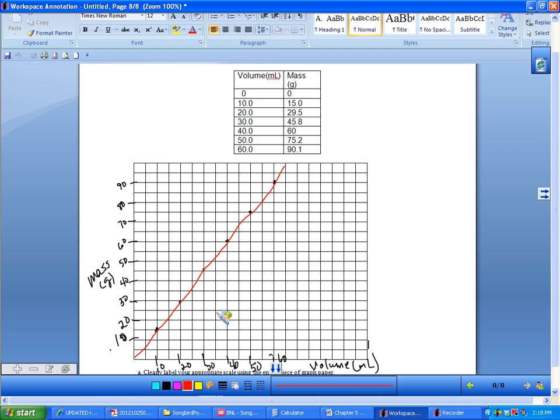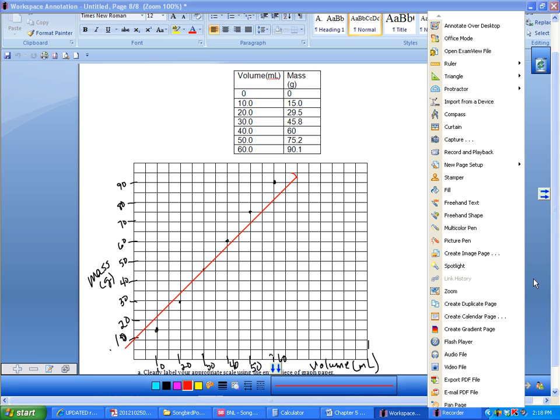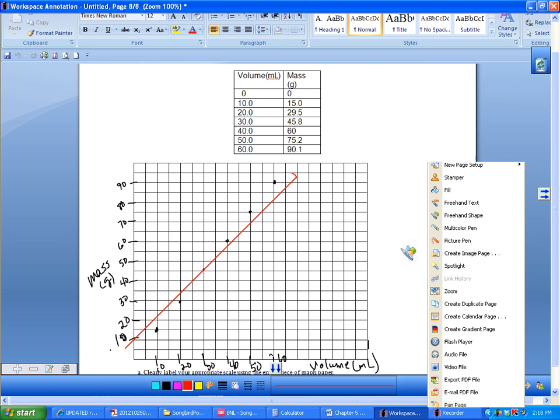Still not real good. I think you can straighten it out a little bit better on your page. I wonder if I can move it. Don't think I can move it.